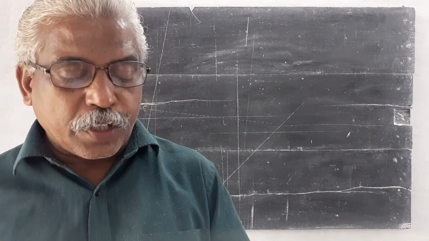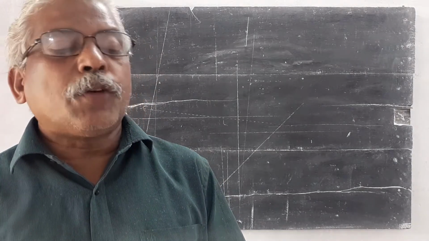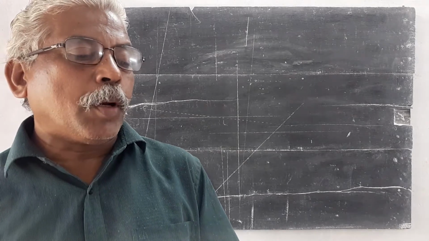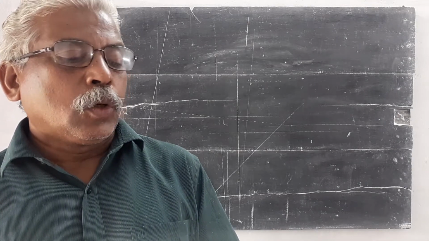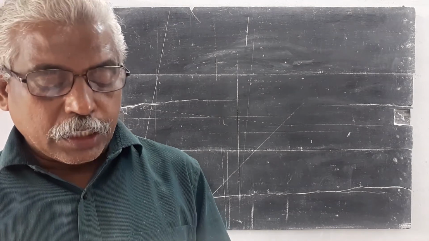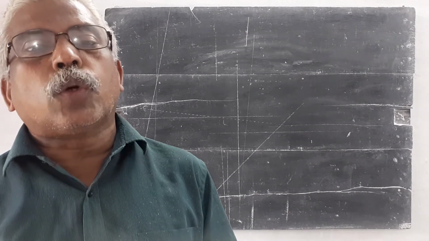All of you refer to page number 129 and page number 146. One is an illustration question and one is a problem given at the back of the chapter. Question number 1 on page number 146 and illustration number 1 from page number 129.